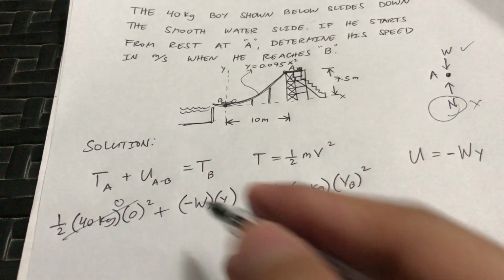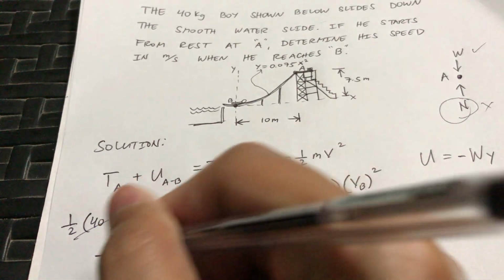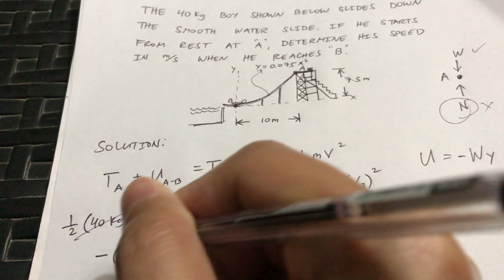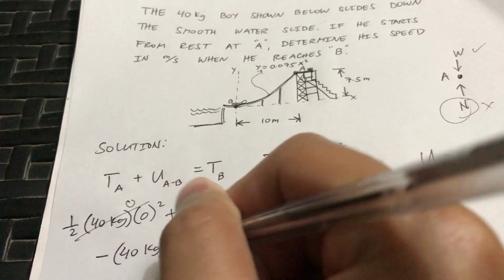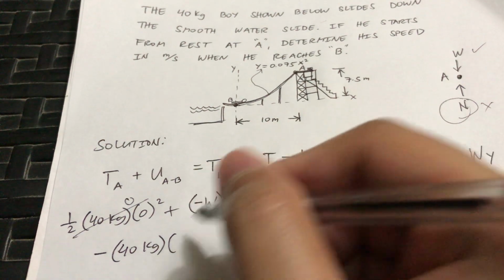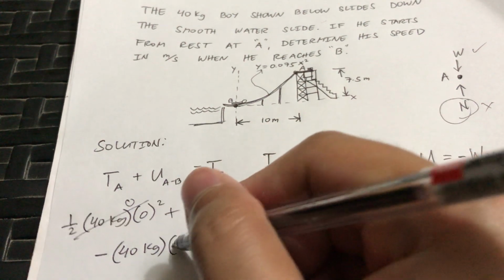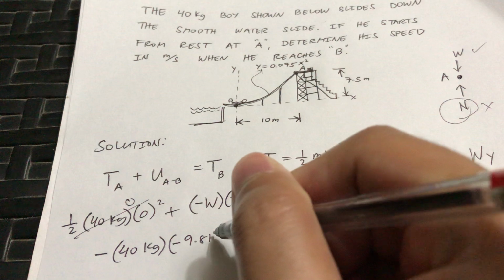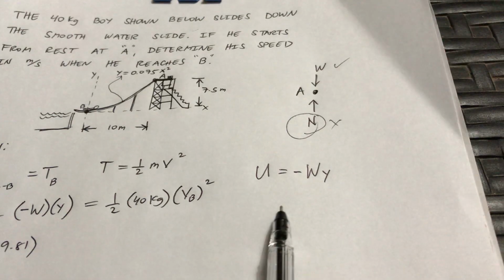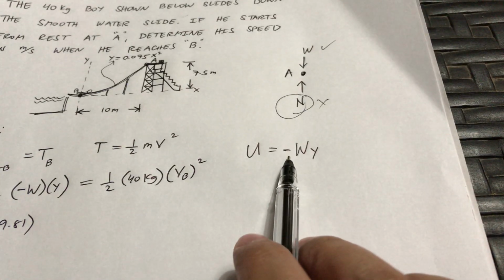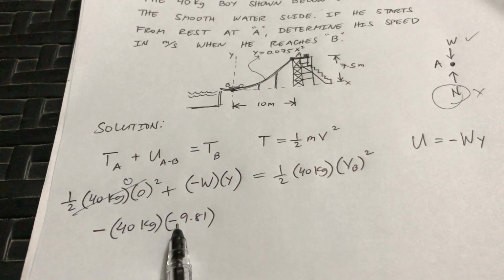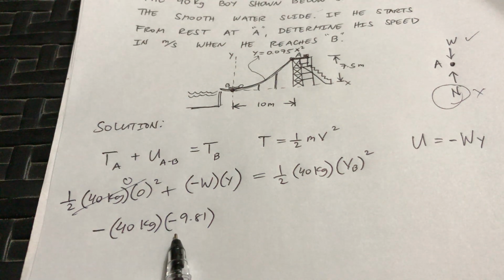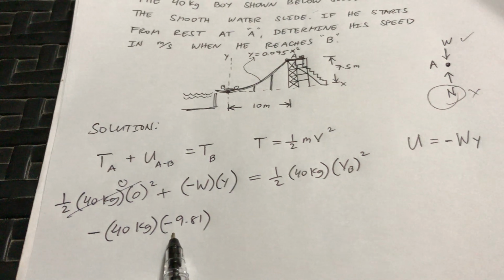The weight is mass times gravity, so that becomes negative. The mass is 40 kilograms times the gravity, which is negative 9.81. When using this equation, where we have the negative work for the weight, we also use a negative value for the gravity since it is directed towards the ground.